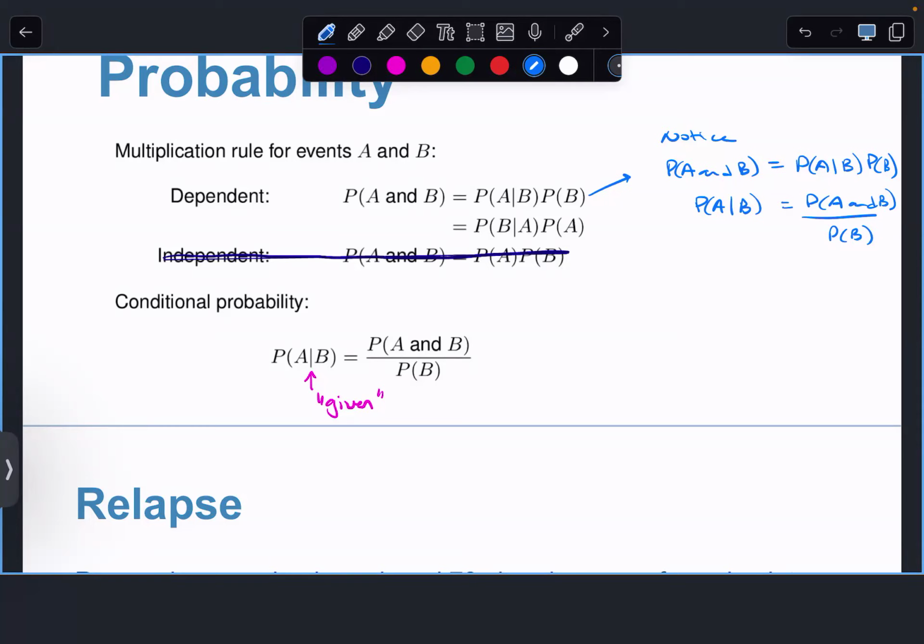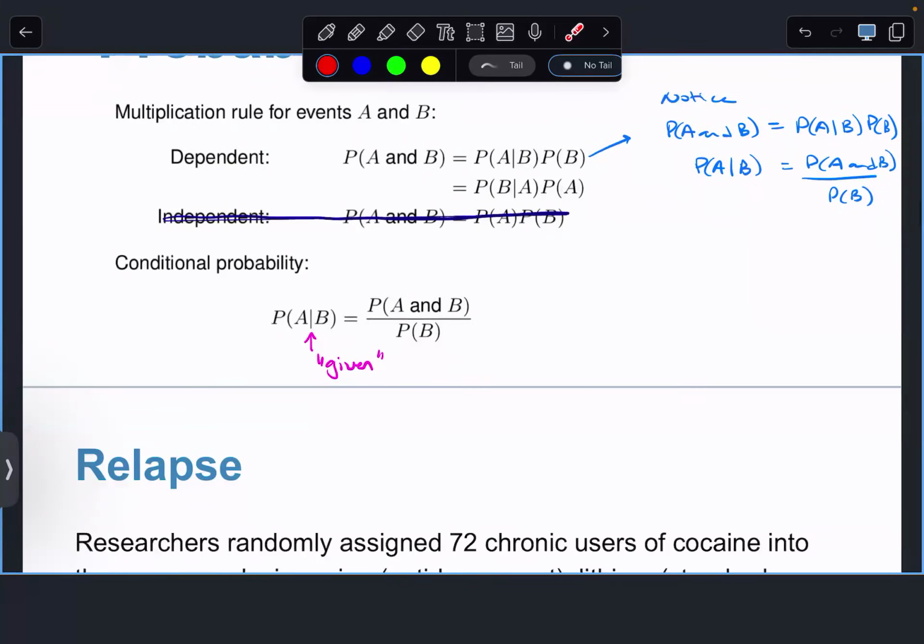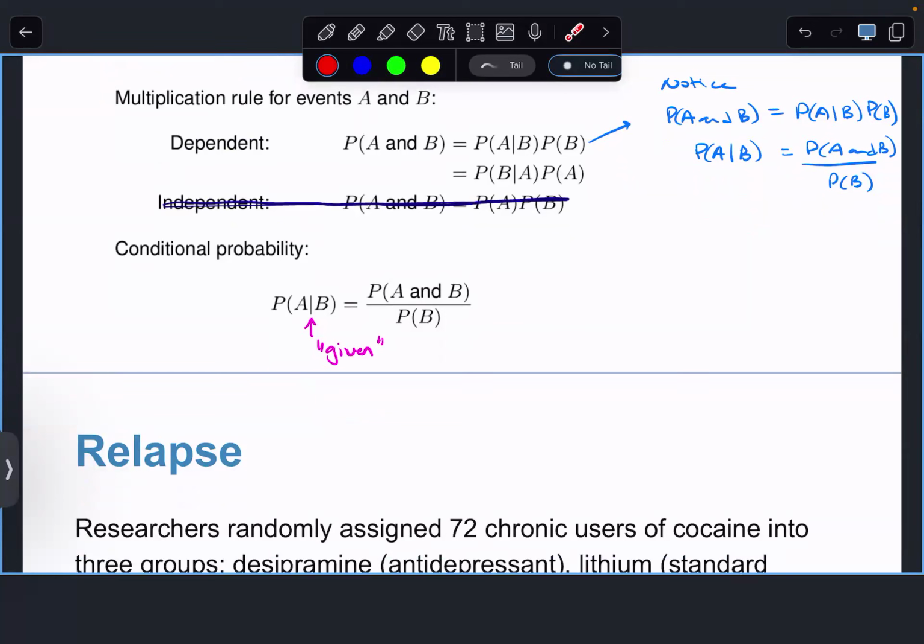Of course, this is on your formula sheet, but it might be helpful to think: if I have a conditional probability, something given something else, you find the probability of them happening together, and then divide by the probability of the thing that's already happened, B. You'll have the formula, but mapping the A's and B's can be tricky, especially if you do something weird, like what's the probability of picking a banana given that I already picked an apple?